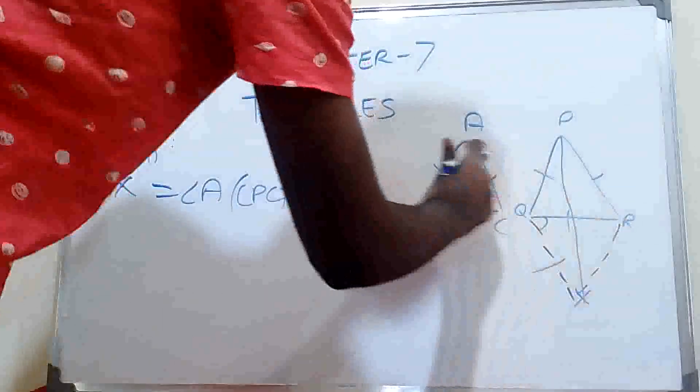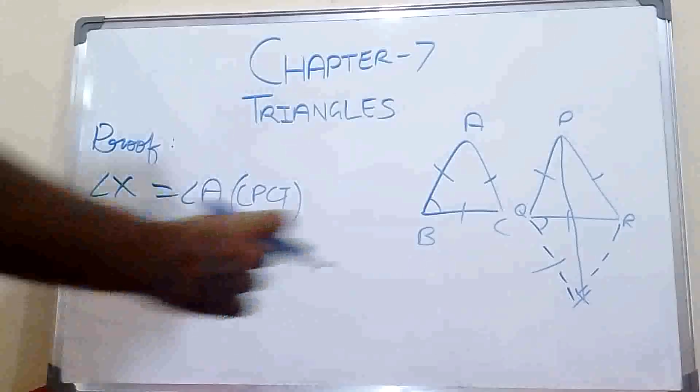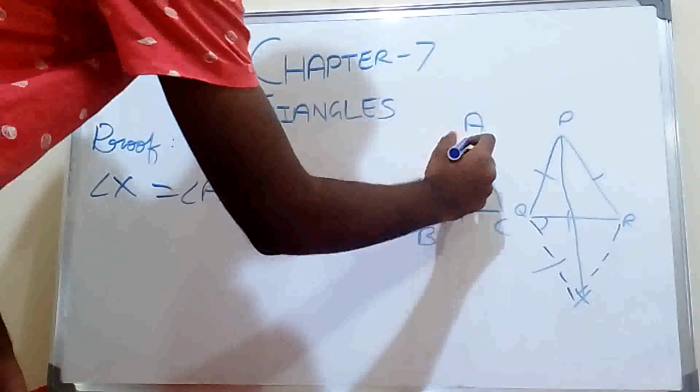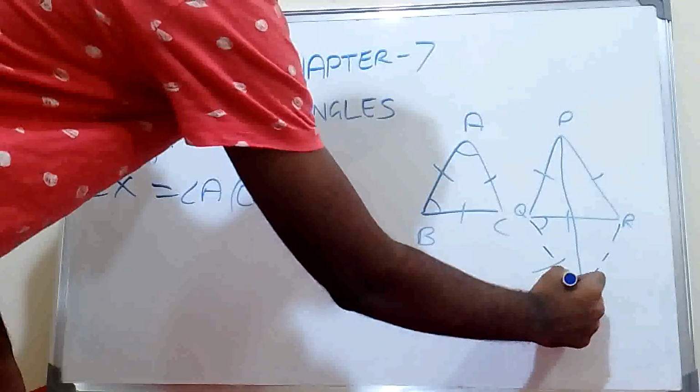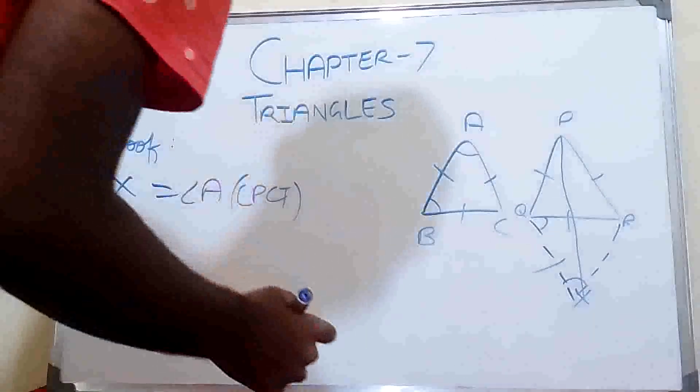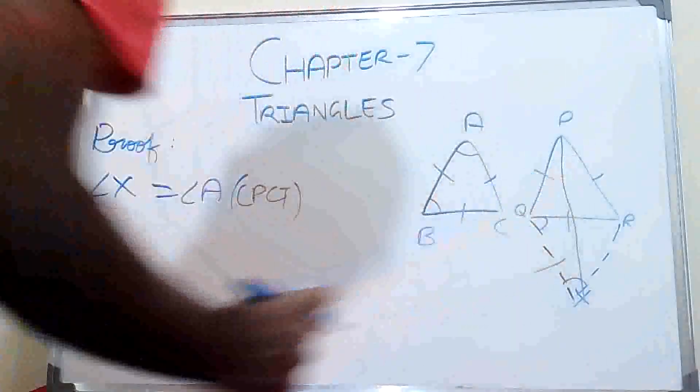So this triangle and this triangle were equal. This whole triangle is congruent, so this angle becomes equal to this angle. So angle A becomes equal to angle X. Now let's go to the next part. The next part here is that we're going to take these two triangles.